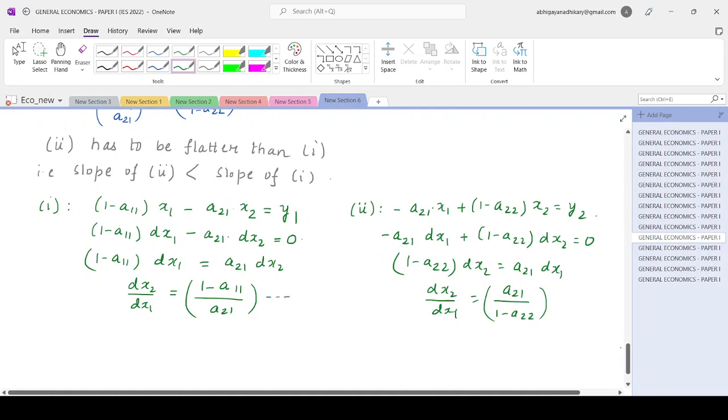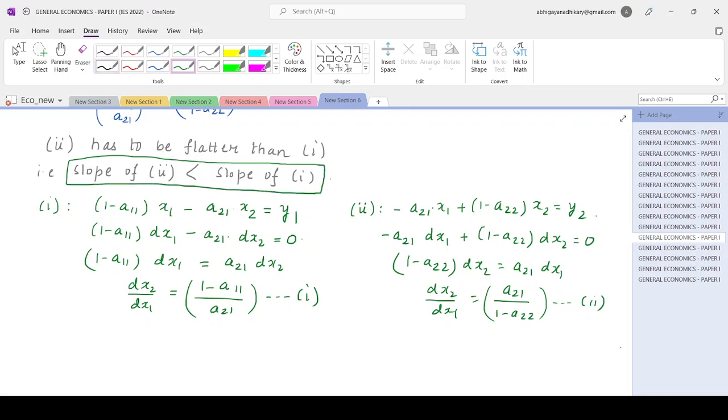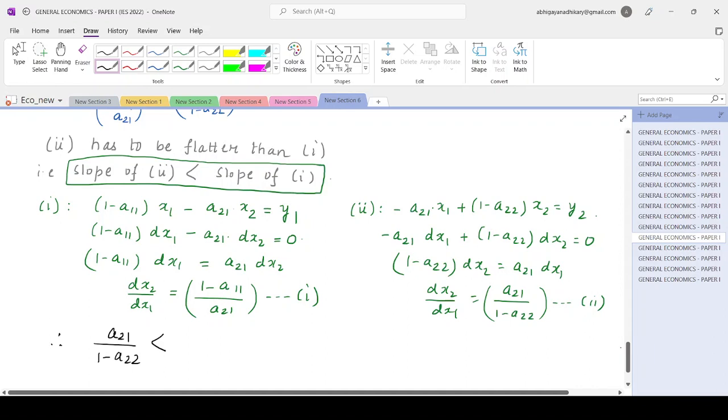So this is for line 1, this is for line 2, and this is my condition that the slope of line 2 has to be lesser than the slope of line 1. That means a21 by 1 minus a22 should be lesser than 1 minus a11 by a21, and if you just change sides it will give you this.